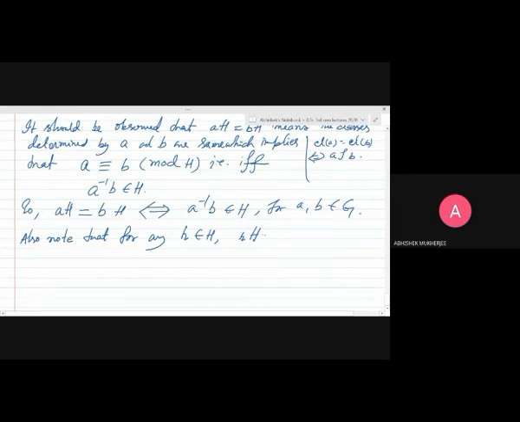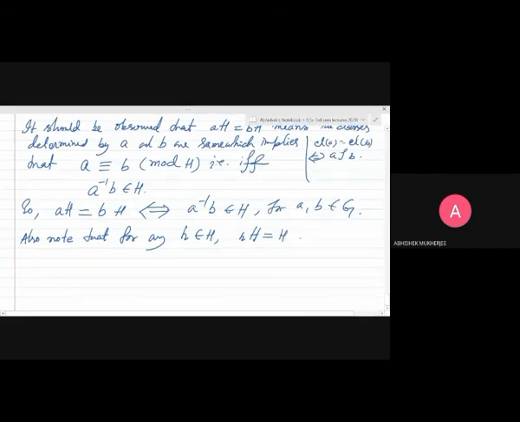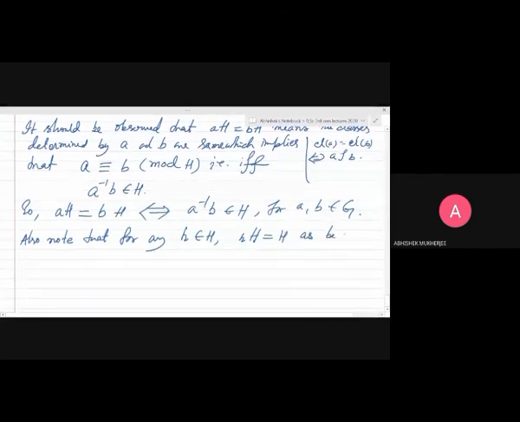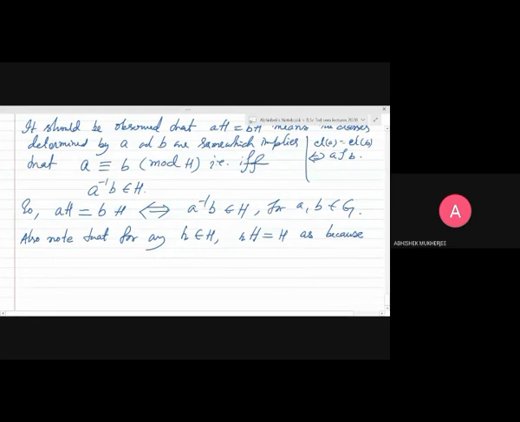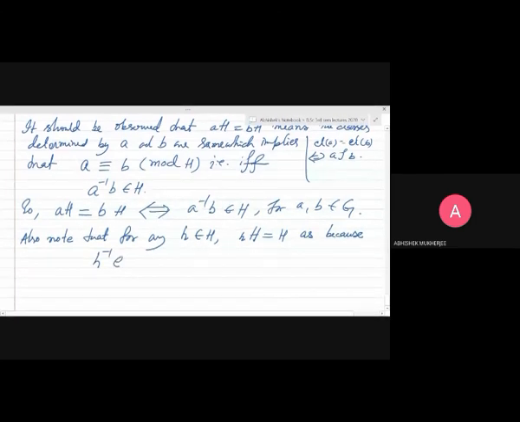This is actually H. Why? Because h inverse e, just putting h instead of a and e instead of b here.